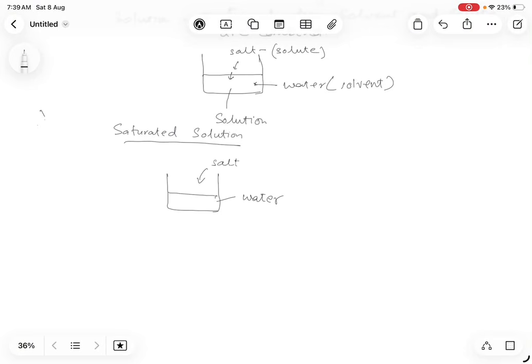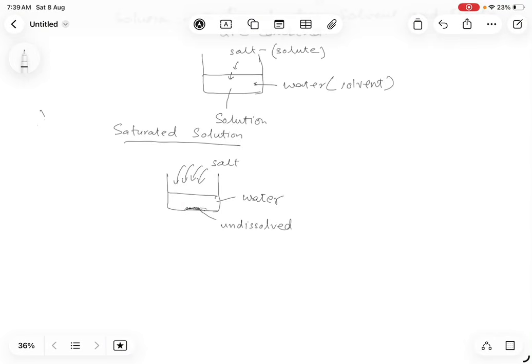This is obviously going to get dissolved. But the difference now is that I have added so much salt that some salt is left undissolved in this beaker.